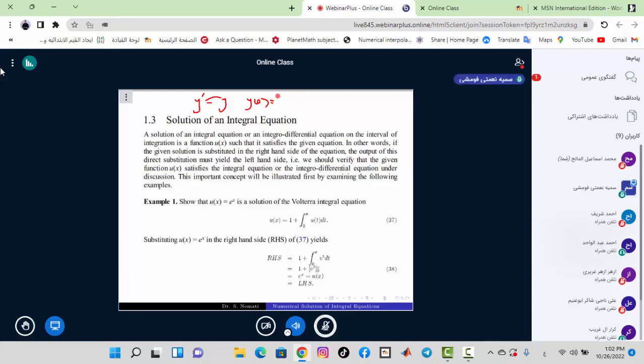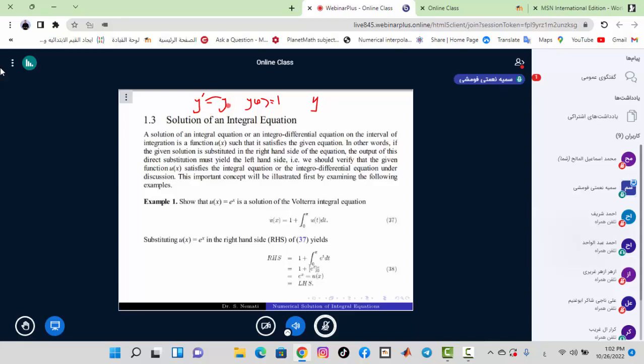When you are talking about the solution of a differential equation, you are actually searching for a function y such that when you substitute this y into this equation, this equality will be satisfied.